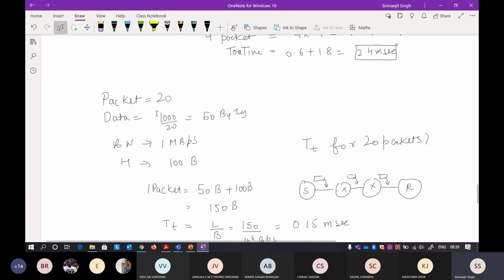Okay, so if you are dividing into so many packets, it will again take much more time than without pipelining.